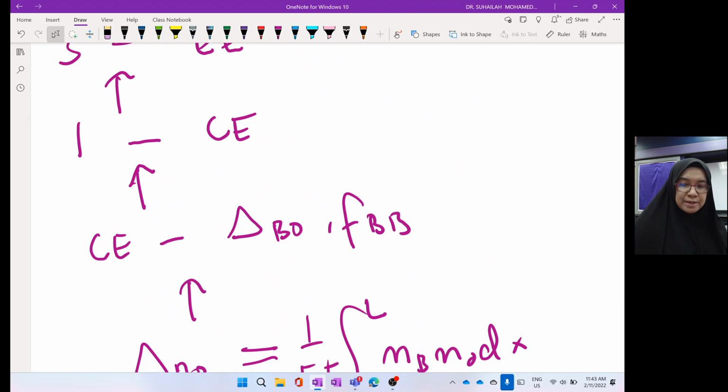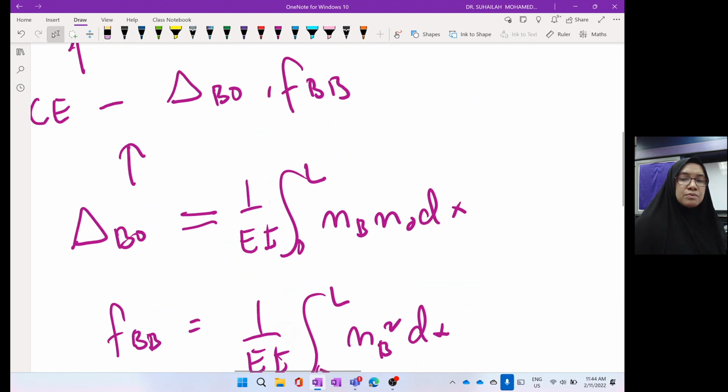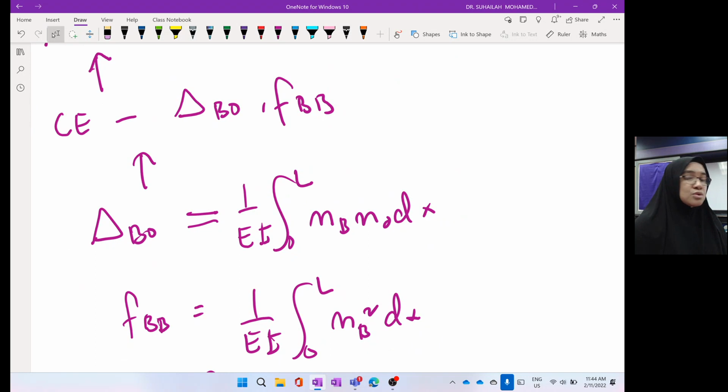The two displacements. Okay? So we have to know the formula. When we analyze beam and frame, these two are the formulas to calculate displacement. But when we analyze truss, we will use a different formula, right? For truss, we don't use this formula, but we use N times L divided by EI.